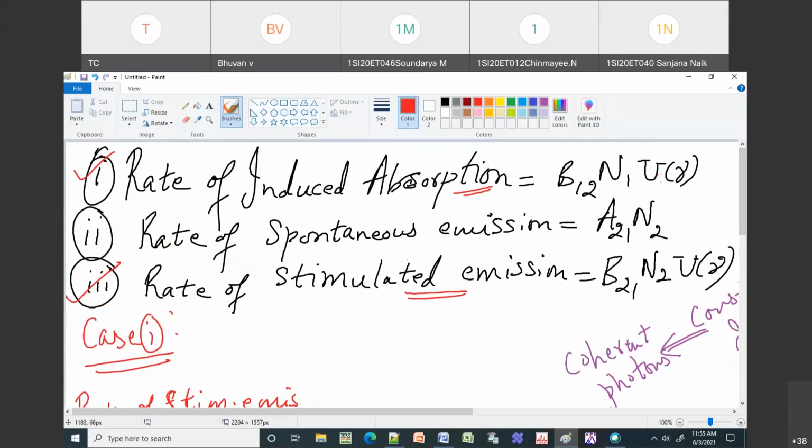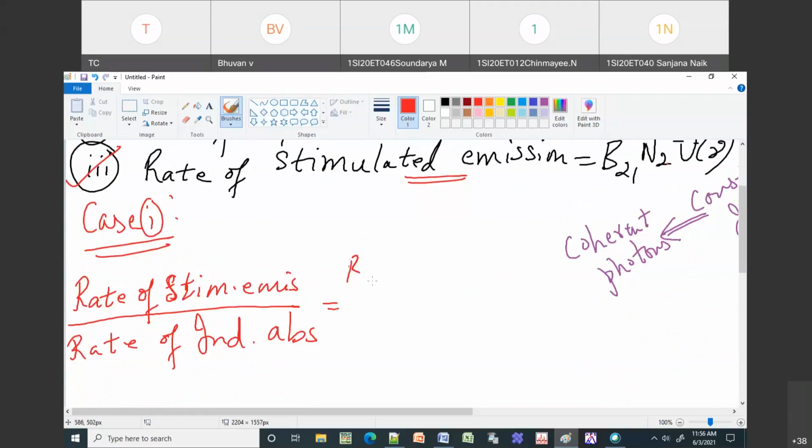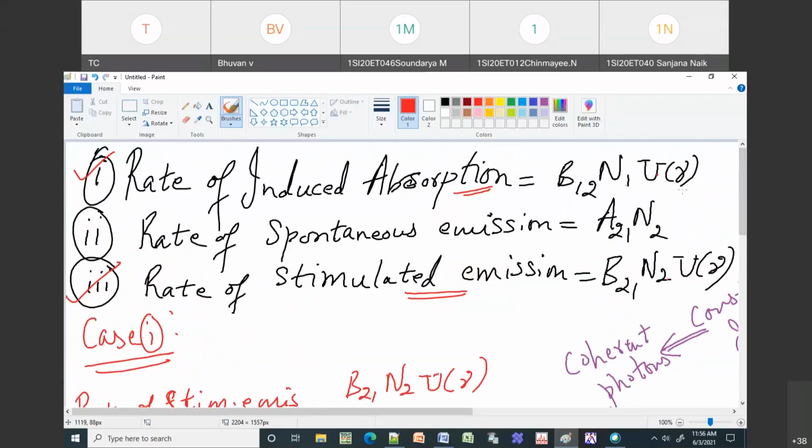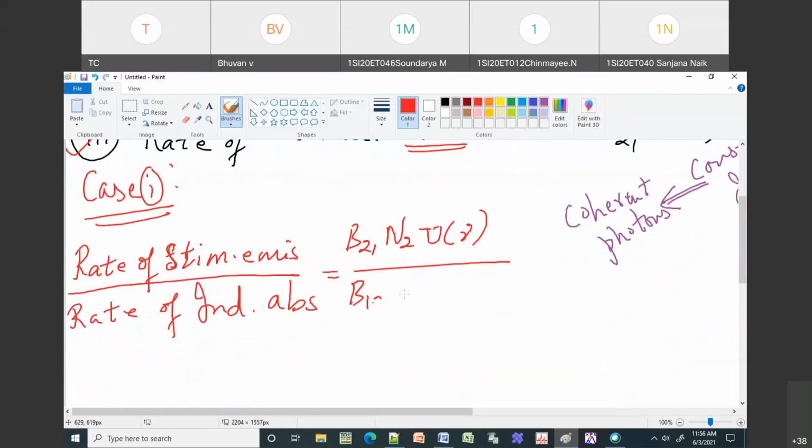Okay, so in this case I will just write those values. So this is for stimulated emission B21 N2 U of nu, divided by, so you just take the induced absorption. Induced absorption is B12 N1 U of nu.